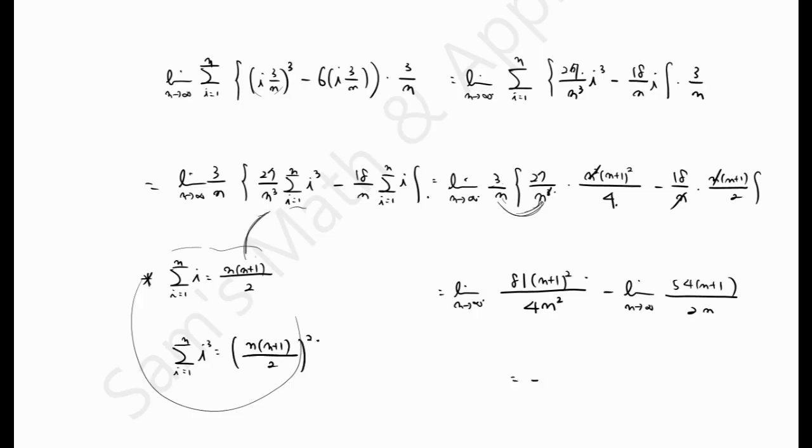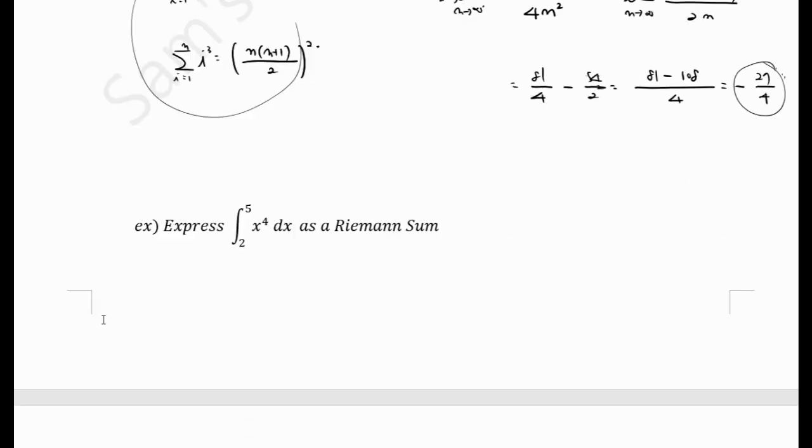So this is 81 over 4 minus 54 over 2, which is 81 minus 108 over 4. This is minus 27 over 4. This is the answer.